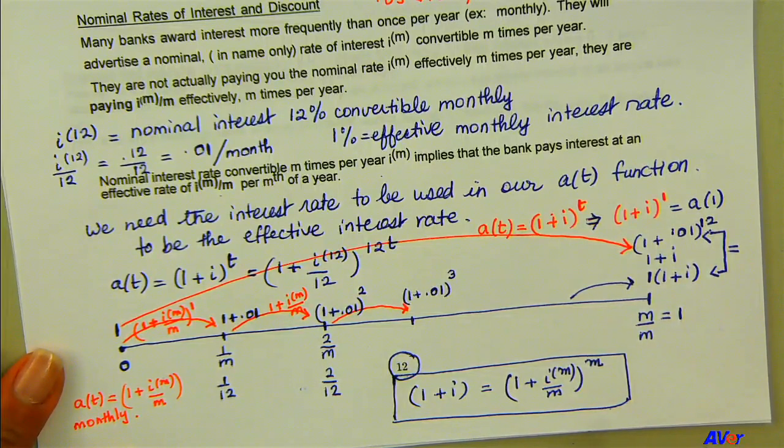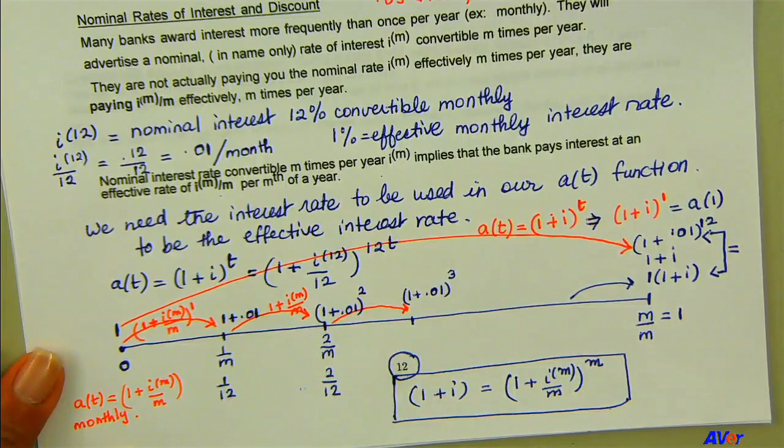Are all interest rates available to be broken down like this? Only if the interest rate is presented to you as convertible m times a year. So either they're going to tell you your interest rate is 12% annually, in which case i equals 0.12, period. Or they can tell you that the interest rate is i superscript 12, which means that i12 equals 12% is to be changed to i monthly of 1%.